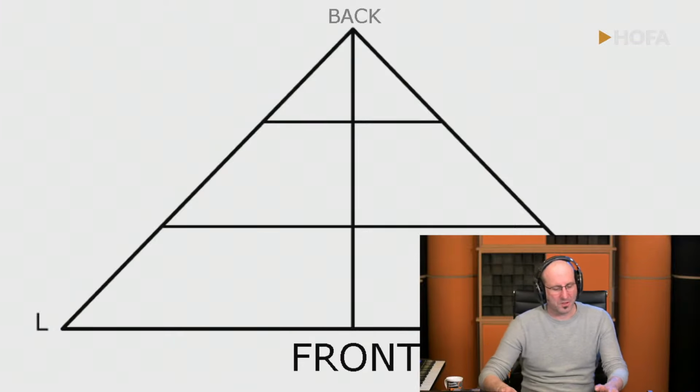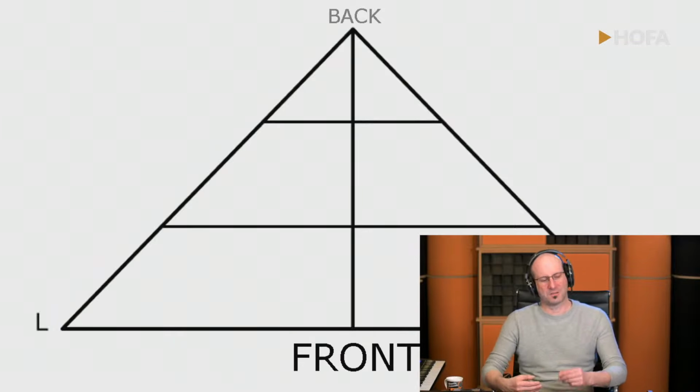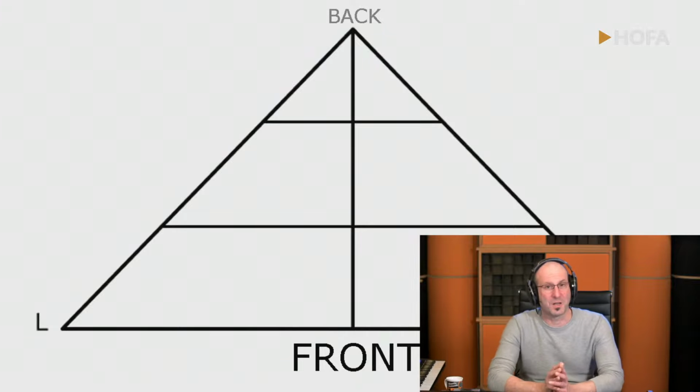And it is really important to understand that it's our brain and our imagination that creates this impression of depth. It's not really there. There is nothing happening behind the loudspeakers. But we want to give the impression that there is something.